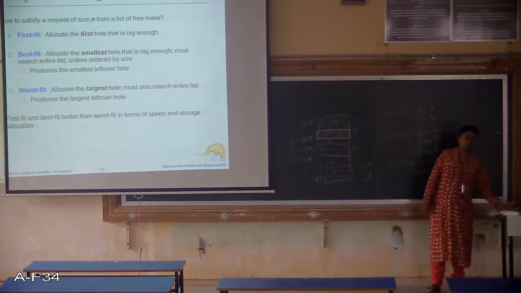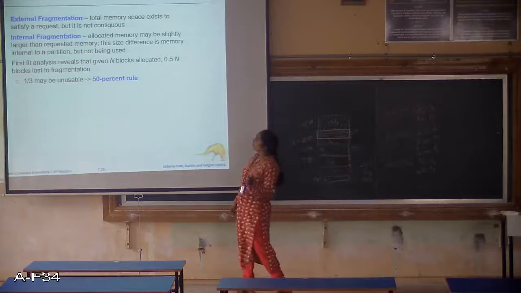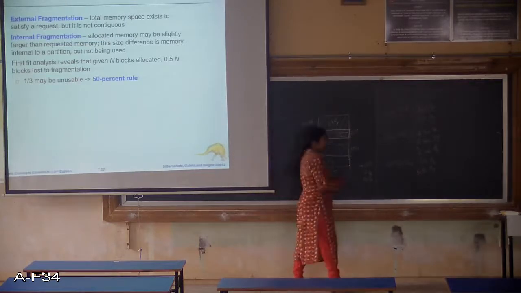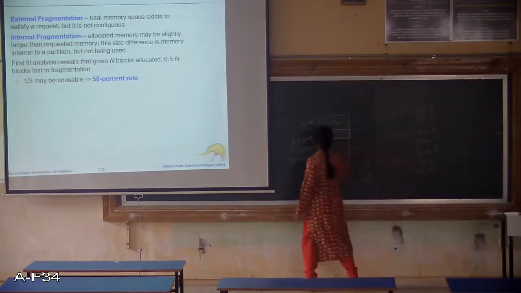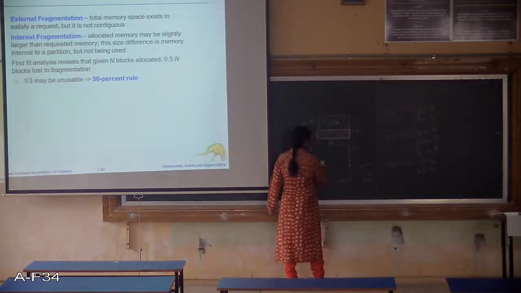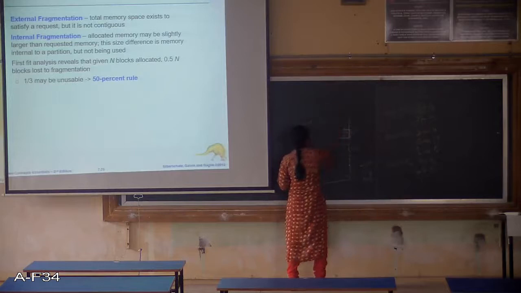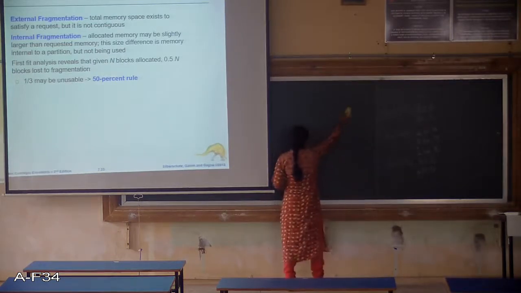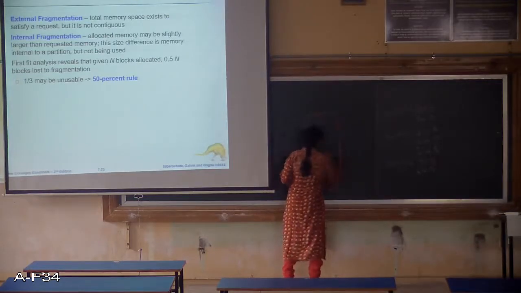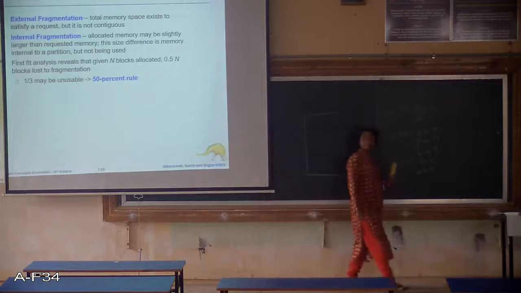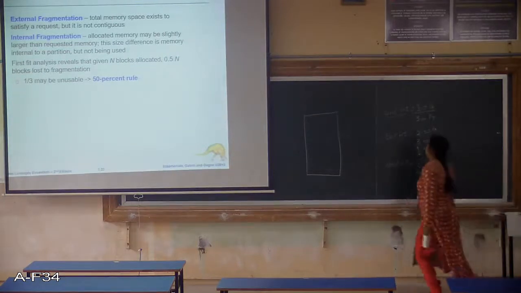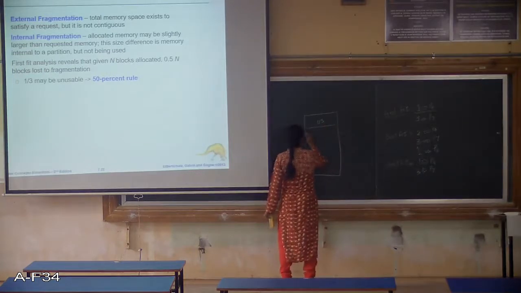So let's understand internal and external fragmentation. External fragmentation: total memory space exists to satisfy a request, but it is not contiguous. So here there is the operating system.